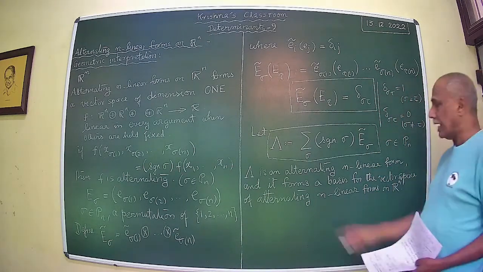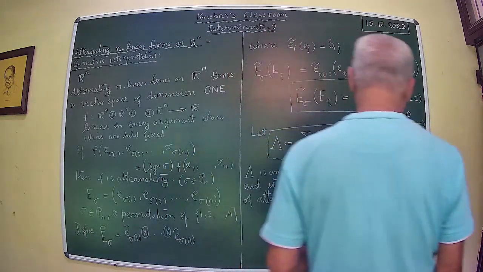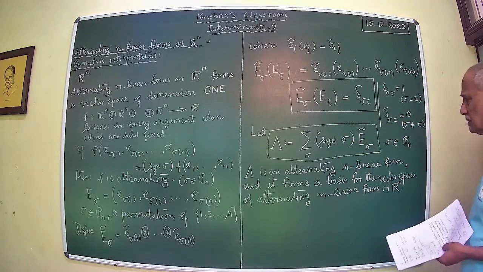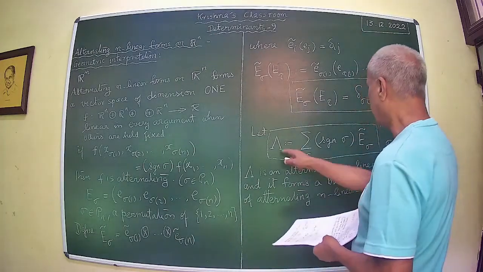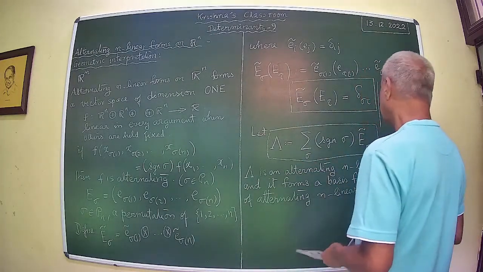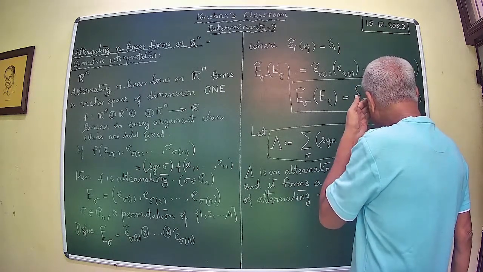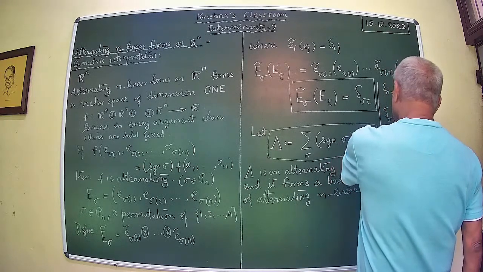What I mean to say is lambda is not equal to 0. Not only that, for instance, lambda acting over E sigma is equal to sign of sigma, E sigma tilde into E sigma.